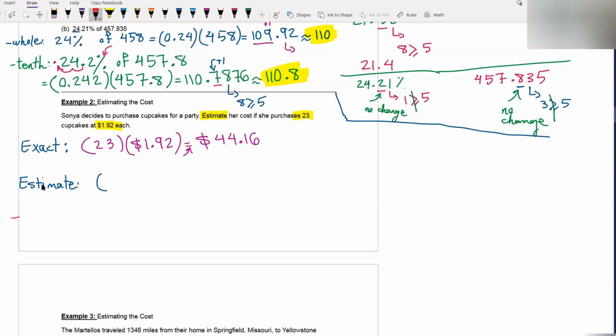You can use this one because 23 is a whole number. Do we have another method to use and estimate that number? Can use front-end rounding. These are in pre-algebra. So we use front-end rounding to round.